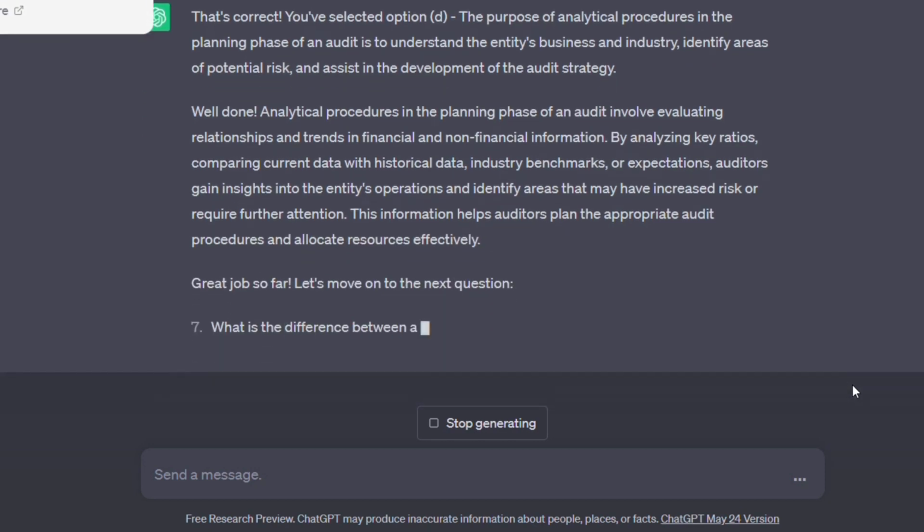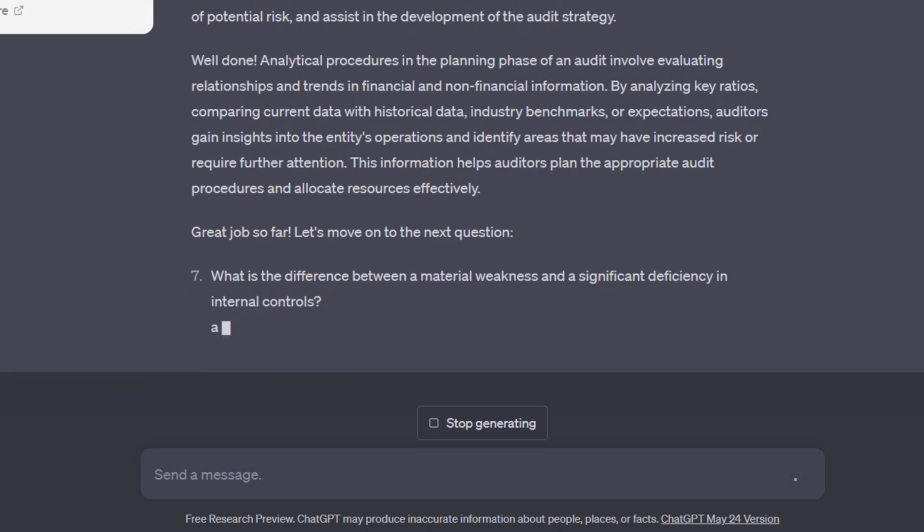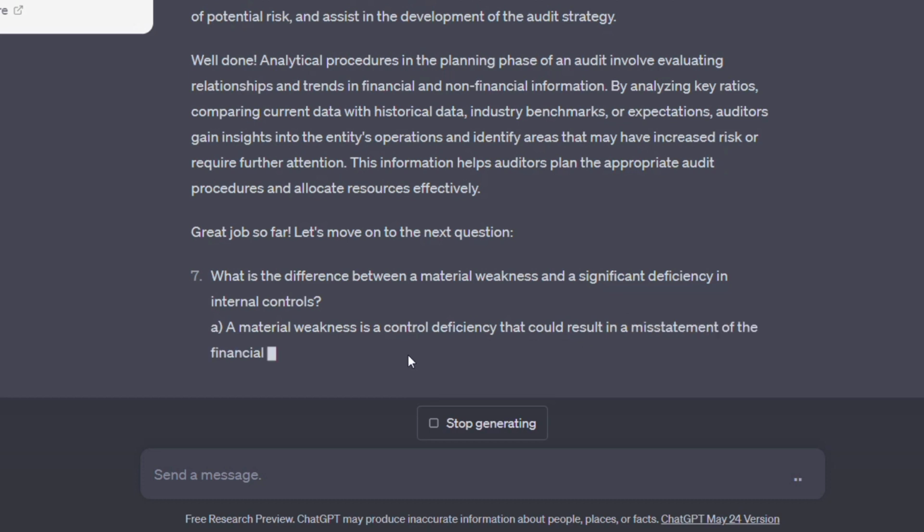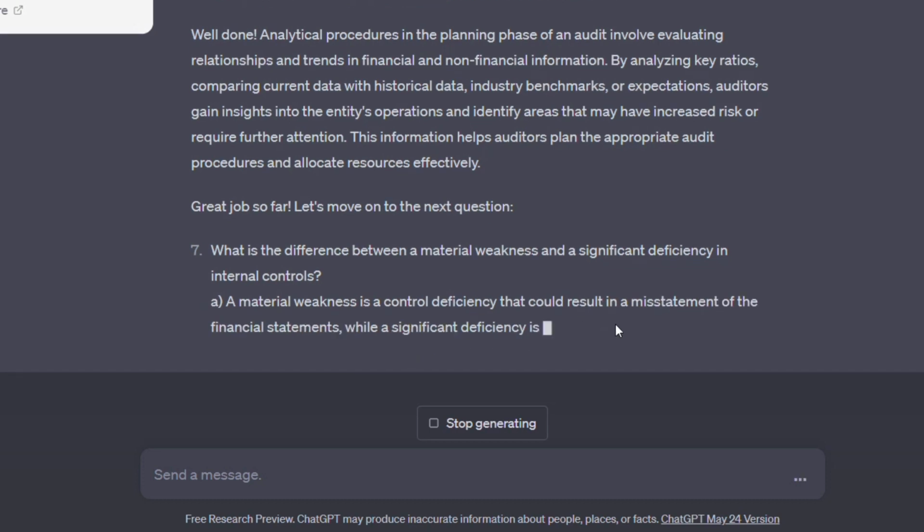What's the difference between a material weakness and a significant deficiency in internal controls? Okay, letter A. Material weakness is a control deficiency that could result in a misstatement of financial statements, while significant deficiency is control deficiency that is less severe.